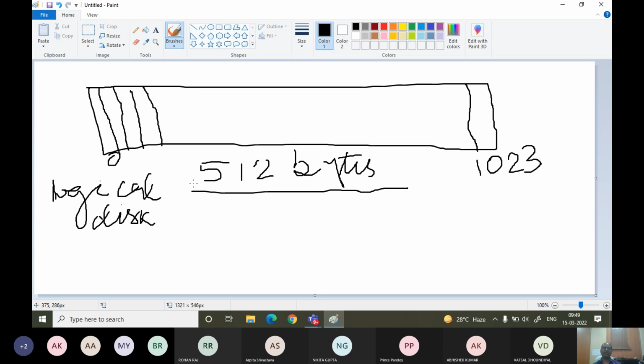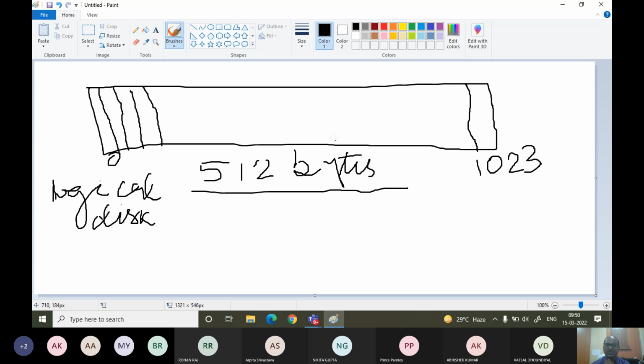But when we read or write something from a disk, normally we read or write 512 bytes together. Usually we can have larger sizes also. So we can define a block size which can be higher than this, but never lesser than that. So 512 bytes, one sector, because at least we read or write one sector at a time.